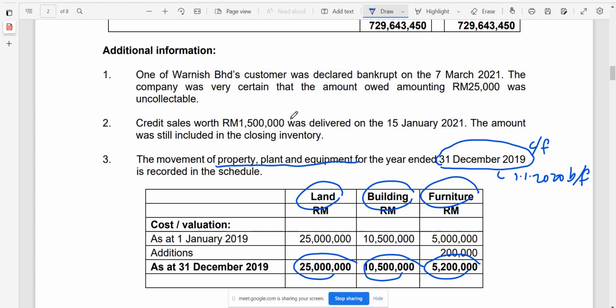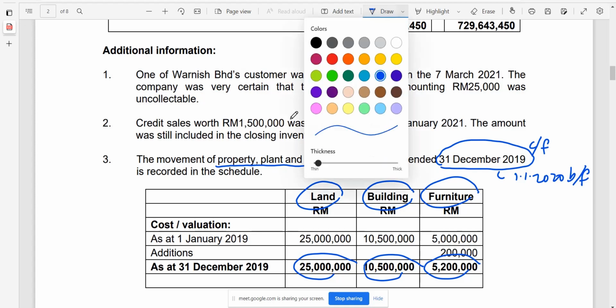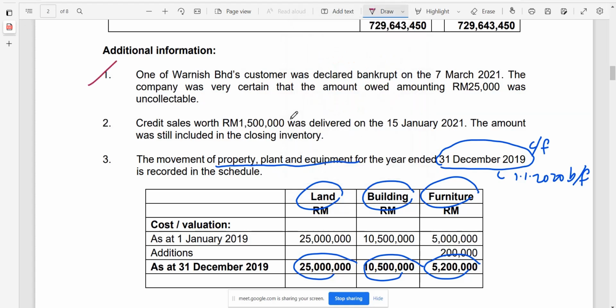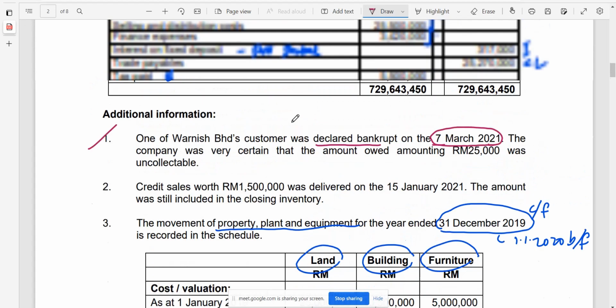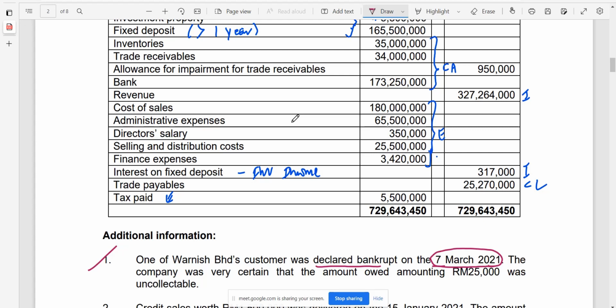Let us look at the first thing that we'll do, which is the adjusting journal entry. I'm doing it for number 1. This is about a customer who was declared bankrupt on 7th of March. This is before the authorization date, after the reporting date. Do look at the date here. That would be an adjusting event, as the provision or allowance for impairment of trade receivable has been done by the company.